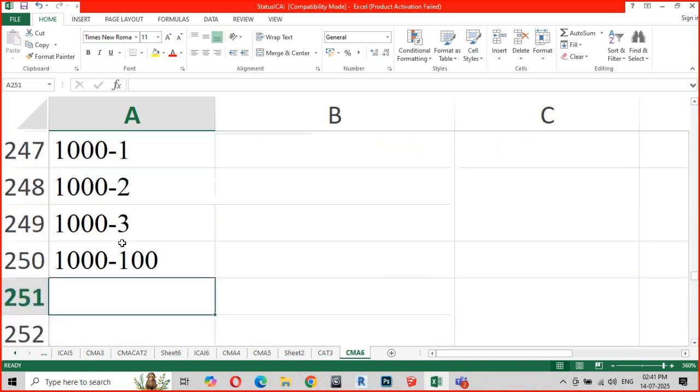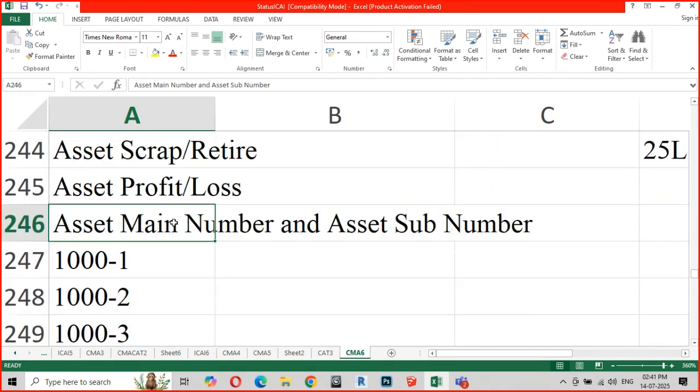So only in asset accounting, you have the concept of the main and the sub asset number, main asset number and your sub asset number. Instead of identifying the assets by a single number, you have sub numbers also. 1000-1, 1000-2, 1000-3. The main asset is the same.